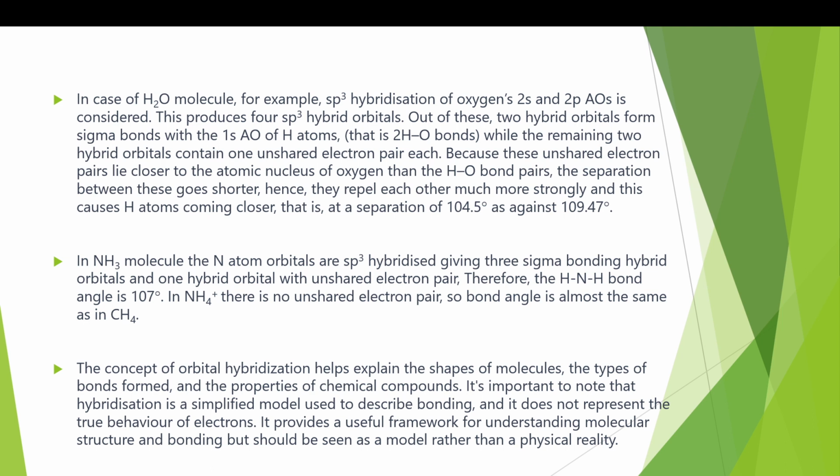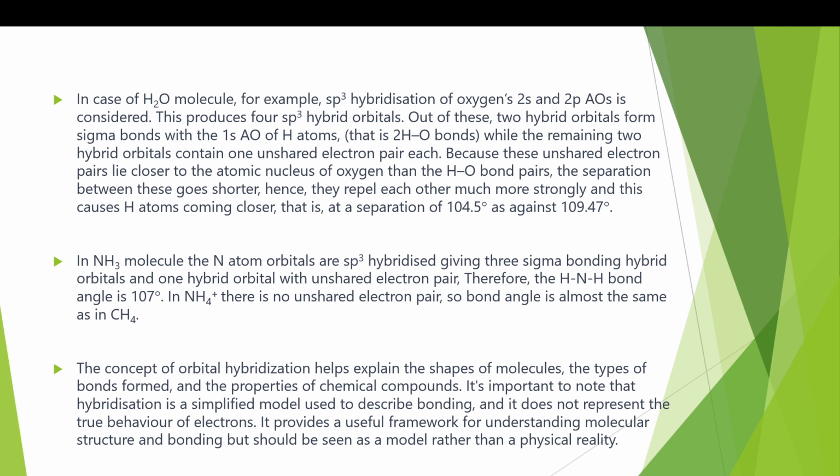The concept of orbital hybridization helps explain the shapes of molecules, types of bonds formed, and the properties of chemical compounds. It is important to note that hybridization is a simplified model used to describe bonding, and it does not represent the behavior of electrons.